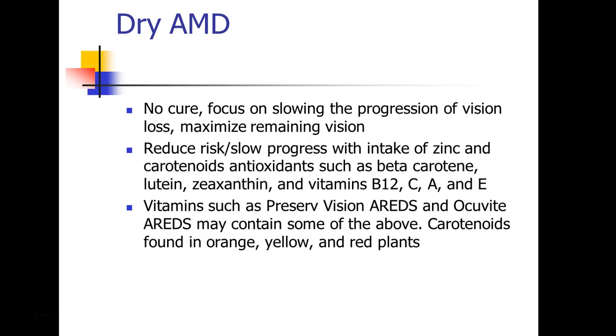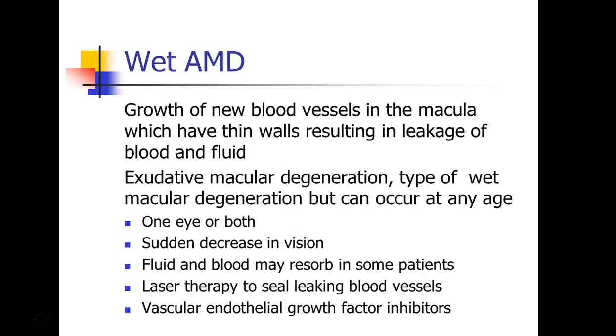Different types of vitamins, and they have different types of zinc, can help with slowing the progression down. It never can really cure it. Okay? That's just an FYI slide. Then you have wet AMD. And wet is, you already had dry, and then you have wet.